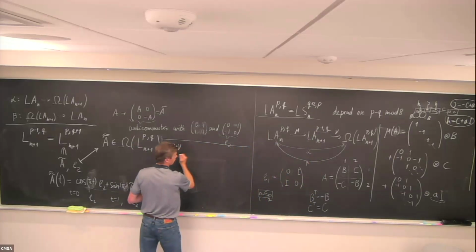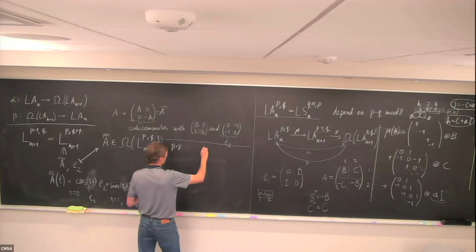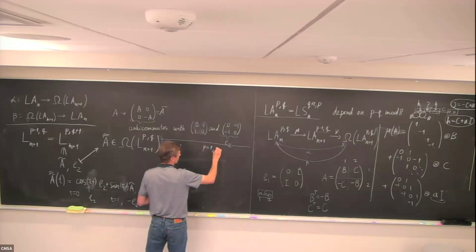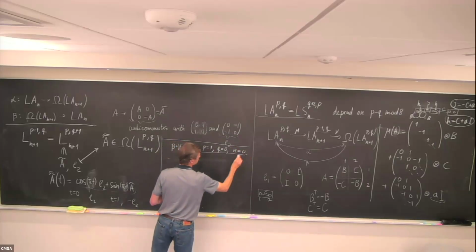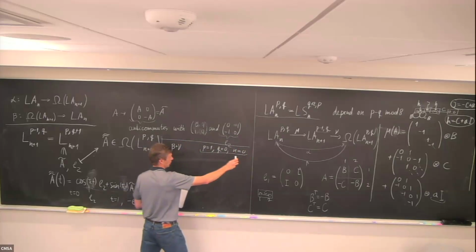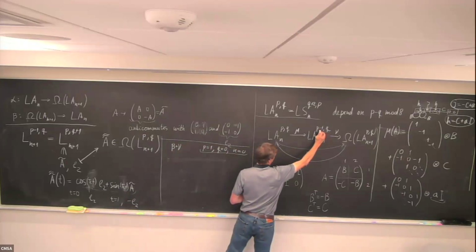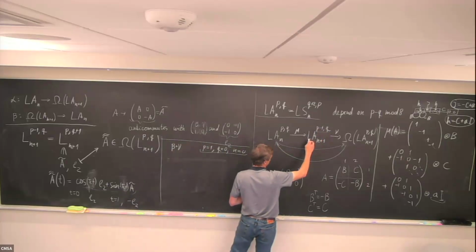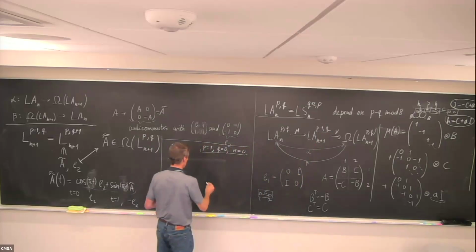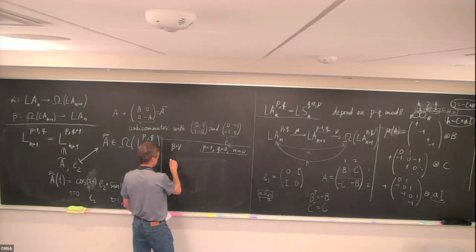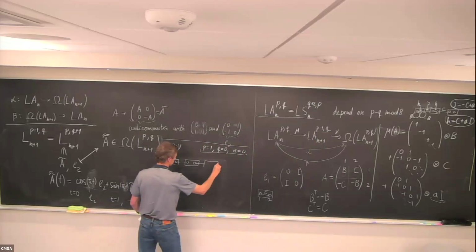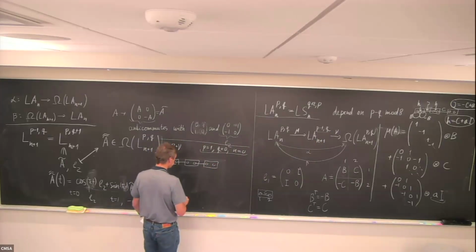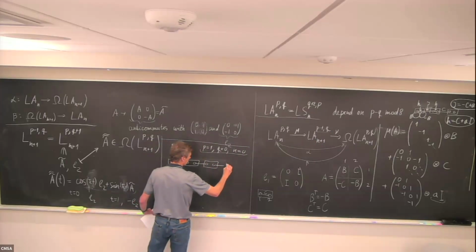So let me show you how it works for p equals 1, q equals 0, and n equals 0. Those numbers are zeros, and let me take an instance of such matrices, and this will be the Majorana chain.